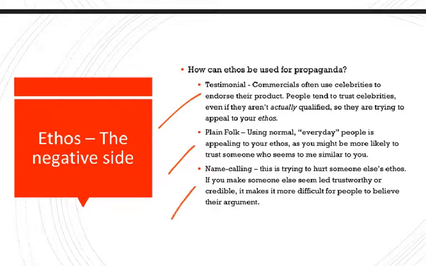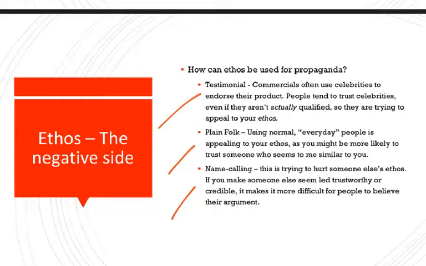And the last one, think about name calling. This is a little different, right? So say you're watching a political debate and one opponent starts attacking, with words at least, the other opponent, not physically attacking, but calling them names, name calling, right? What he's trying to do is hurt that other person's ethos. If he calls the other person a liar, that's going to make people less likely to believe his argument.